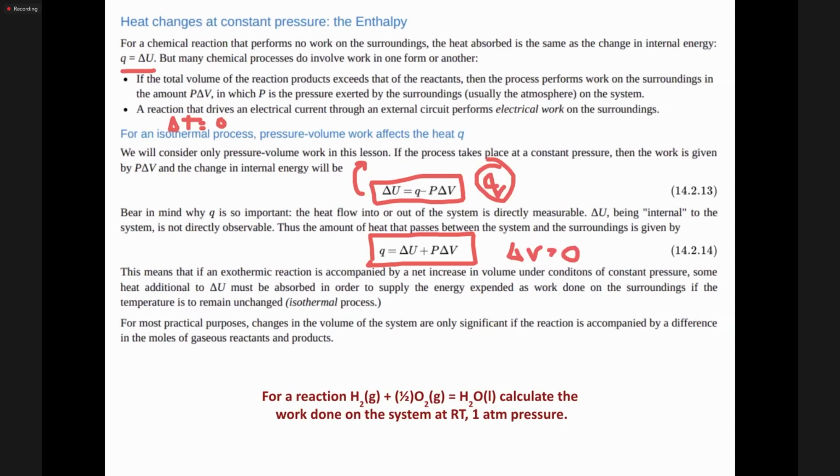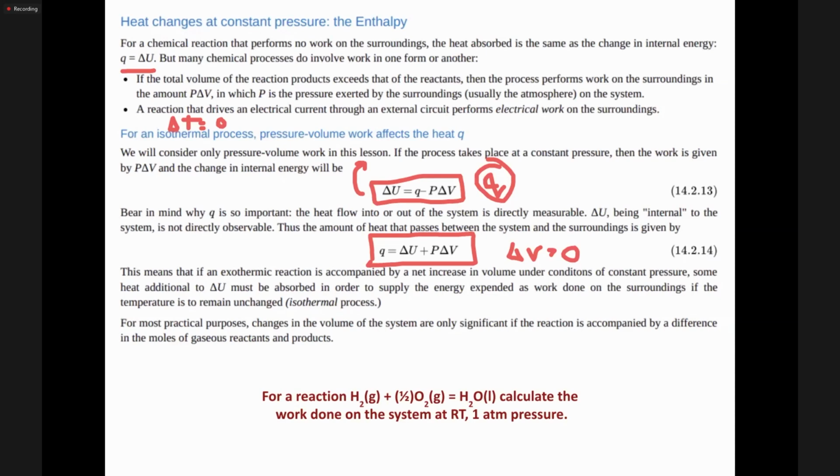So some heat additional to delta U must be absorbed in order to supply the energy that is expended as work done on the surroundings, if the temperature of the system remains unchanged because it is an isothermal process. For most practical purposes, the change in volume of the system is only significant if the reaction is accompanied by a difference in the moles of gaseous reactants or products. Only gaseous reactants will be considered, not the solid or the liquid ones.